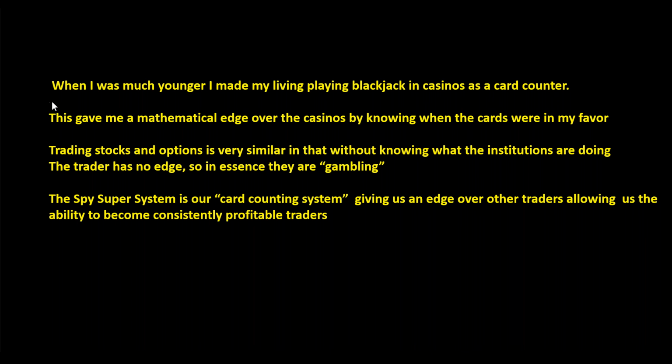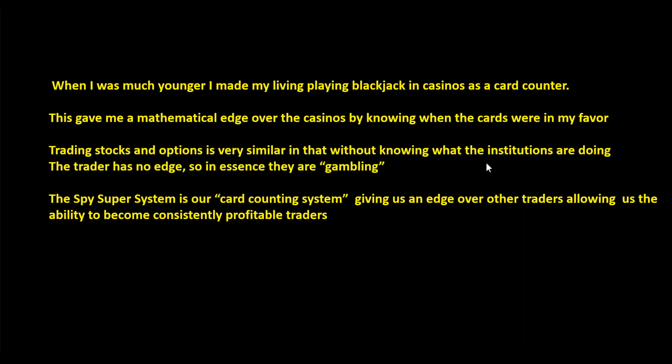Now, the reason I'm bringing this up is that having the card counting system gave me a mathematical edge over the casinos by knowing when the cards are in my favor. When the cards are in my favor, I bet a lot more money, and when they're against me, I bet tiny just to stay in the game. Trading stocks and options is very similar to that.